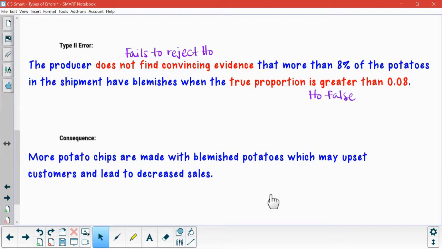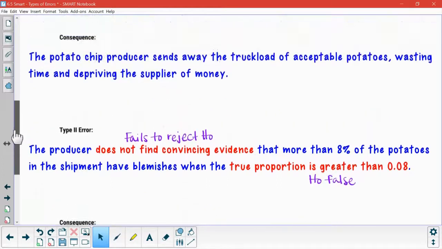A lot of the time, they will end a question like this with who is the more hurt person in the situation. And you can argue either way. You can argue the potato chip manufacturer is going to lose a lot of money. Maybe they don't work with the potato supplier anymore.